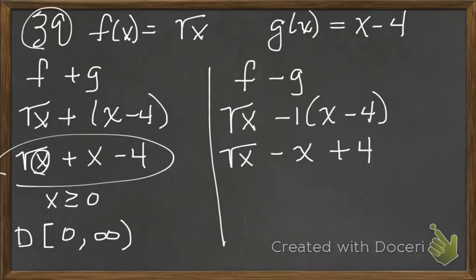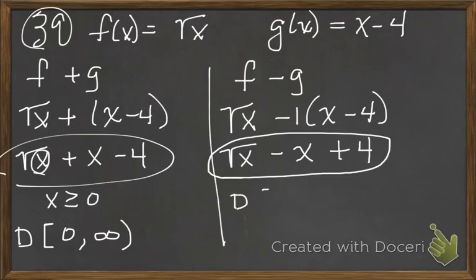So that would actually be f minus g. And I have the same situation here as I did in f plus g. I have an x underneath the square root, so we can just steal our domain from the sum, and our domain is going to be bracket 0 to infinity. Questions about f minus g?